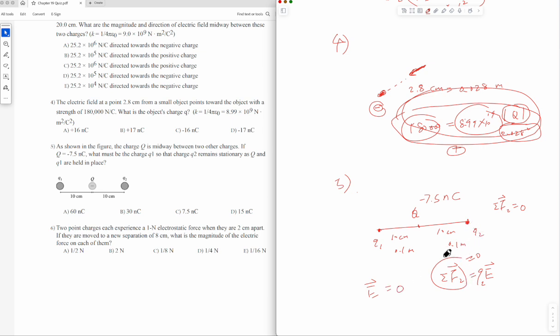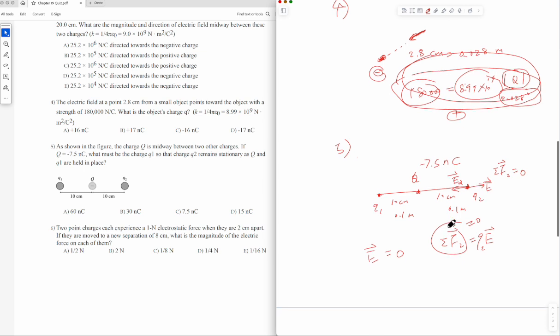So how do we make a 0 electric field here? Zero electric field means the electric field due to capital Q, a negative charge, goes in this direction. We call this E due to capital Q, plus the electric field due to Q1. Because this electric field points to the left side, Q1 must generate an electric field towards the right side.